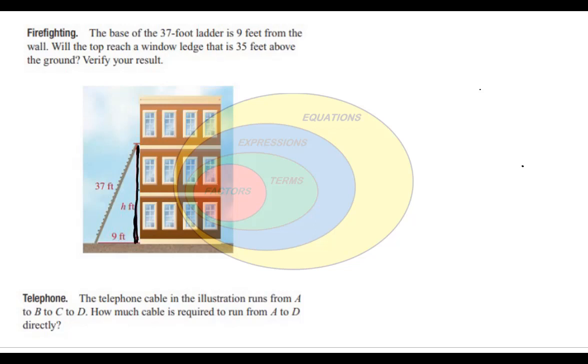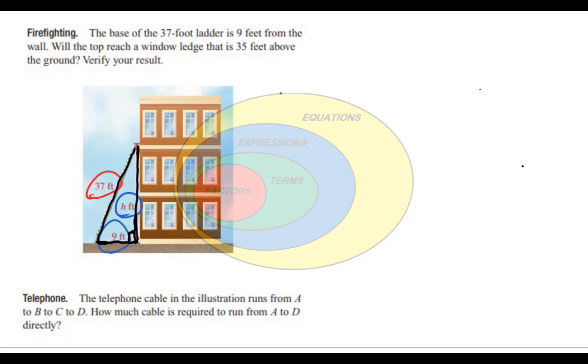The height we're looking for with the ground forms a right angle. The ladder represents the hypotenuse, so the legs of the right triangle are h, the height, and 9, the base, and the hypotenuse is the 37 feet.